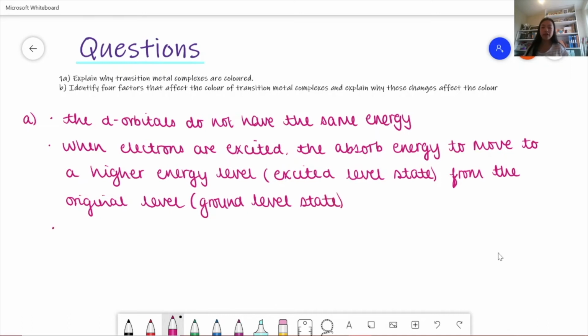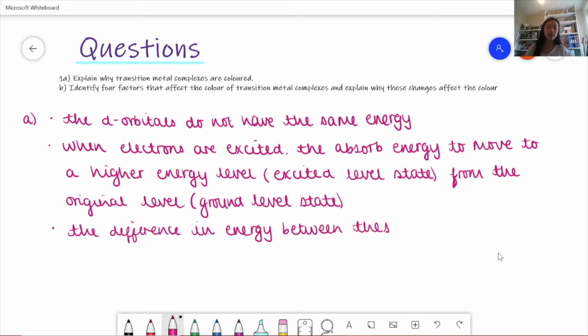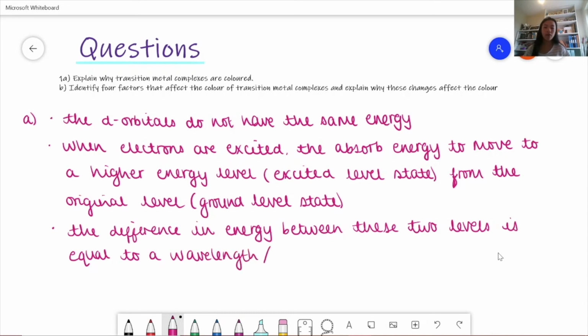And then what we have is that the difference in energy between these two levels is equal to a particular wavelength or frequency, you could say, of visible light.